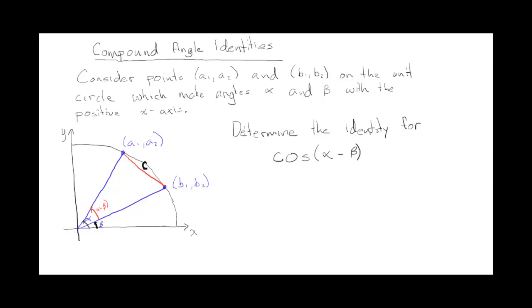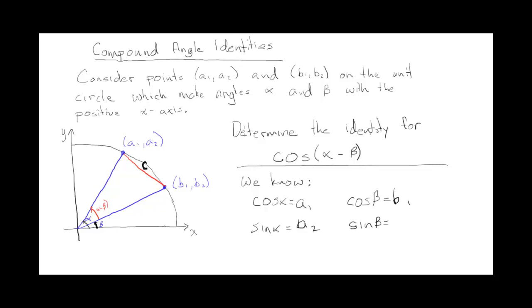One thing to remember here: since a1, a2, and b1, b2 are on the unit circle, we know that cos of alpha is equal to a1, and sine of alpha is equal to a2, and cos of beta equals b1, and sine of beta equals b2. So that will be useful later on.